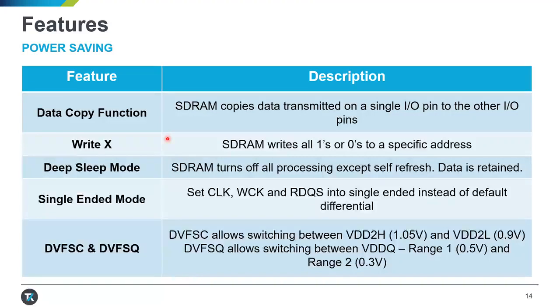Now this slide highlights the features that are supposed to save power in LPDDR5 SDRAM. We have a bunch of new features that were not part of previous protocols. We have a DCF, or data copy function, and write-x feature, which are supposed to reduce the data transmission on the DQ bus.